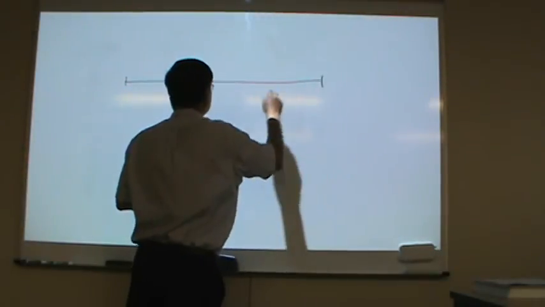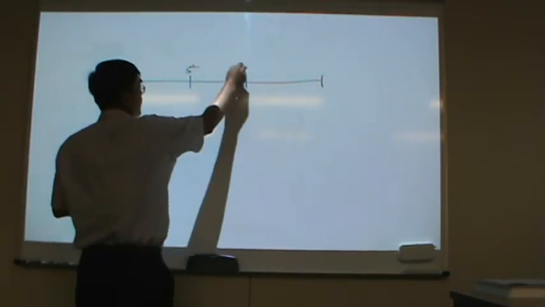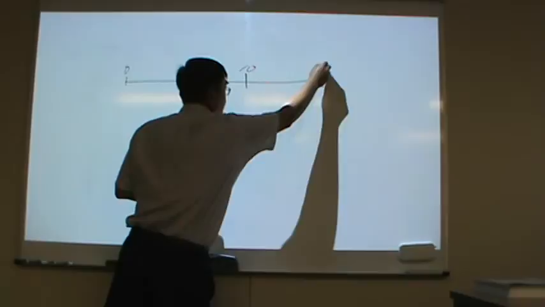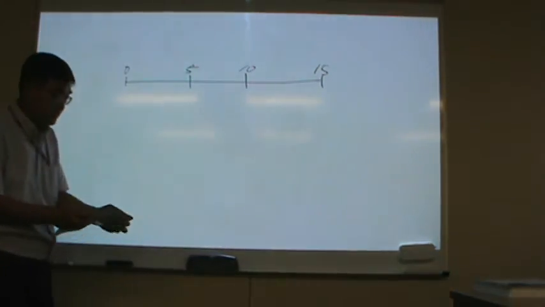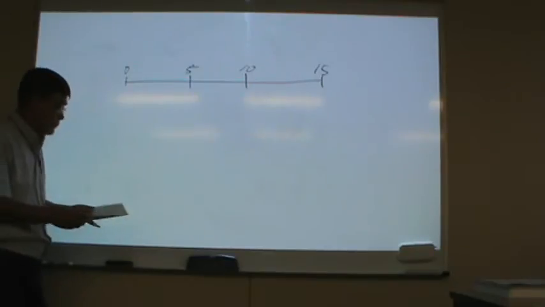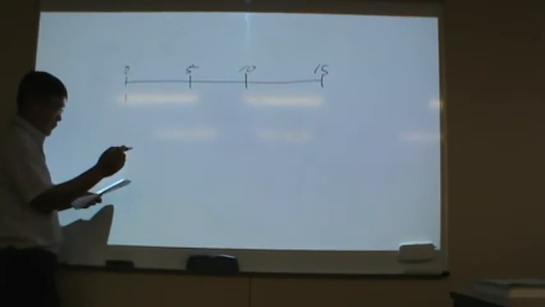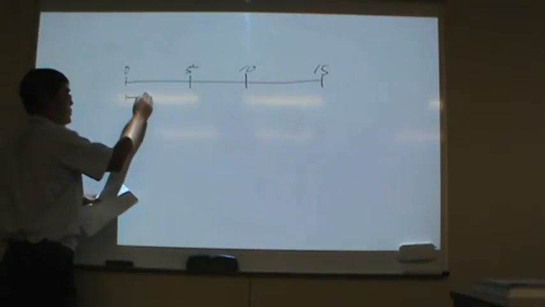Okay. The total time is 15, right? 0, 5, 10, 15. Activity A starts from 0 and finishes at 2.